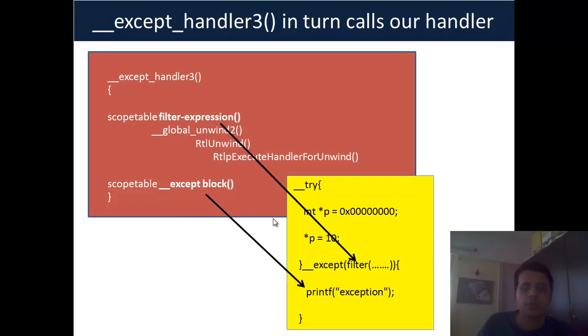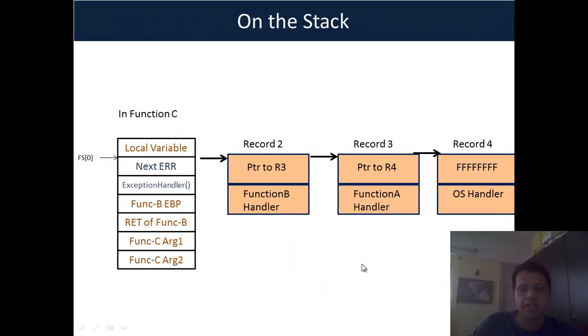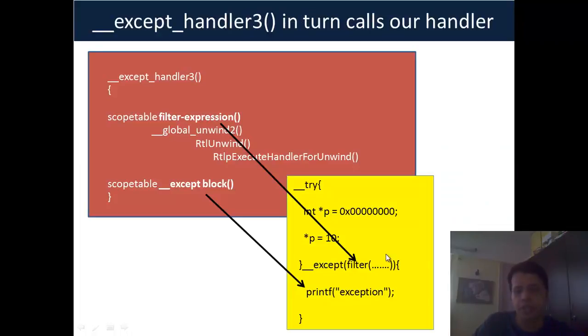So basically this filter function is actually what the exception handler is. So this exception handler 4-byte pointer points to the filter expression code which we are mentioning within the except statement. This is very important. Please note that.